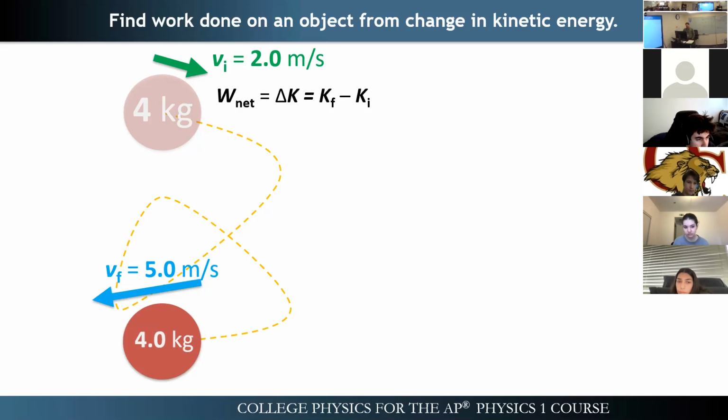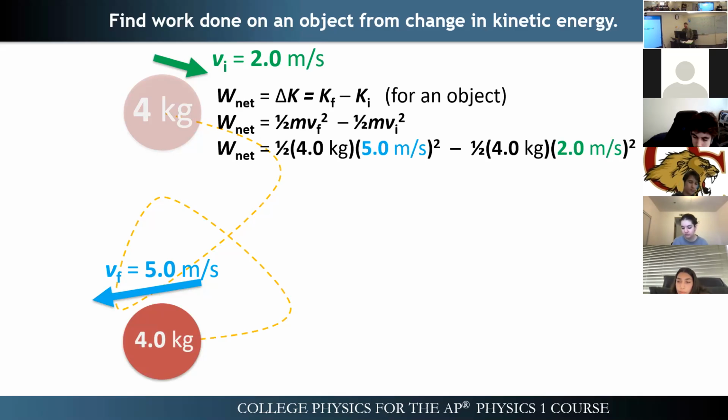Since the work is equal to the change in kinetic energy, and we know the mass of the object and its velocity, we can plug in the 4 kilogram mass, the 5 meters per second as the final velocity and the 2 meters per second as the initial velocity into our 1/2 m v squared portions, and we have everything except for the work. So we can find the work done even for an object moving in a very random pattern. Just use the work-energy theorem and focus on the energy side of things.